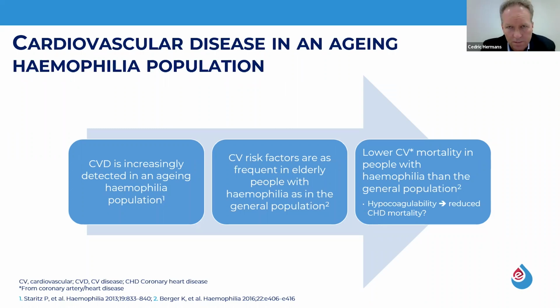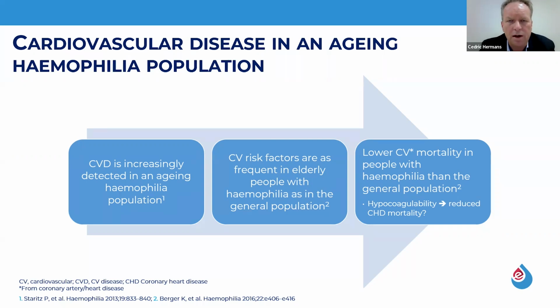We also know, and we'll illustrate this very soon, that there is a lower cardiovascular mortality in patients with hemophilia compared to the general population. So it's clear that if hemophilia is not treated or not intensively treated, these patients do have a hypocoagulability that's probably reducing the risk of cardiovascular mortality.